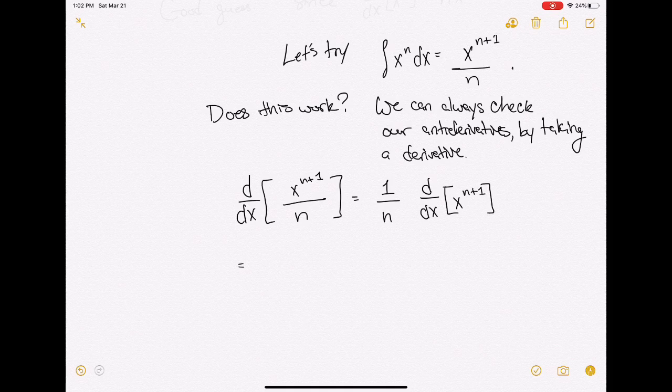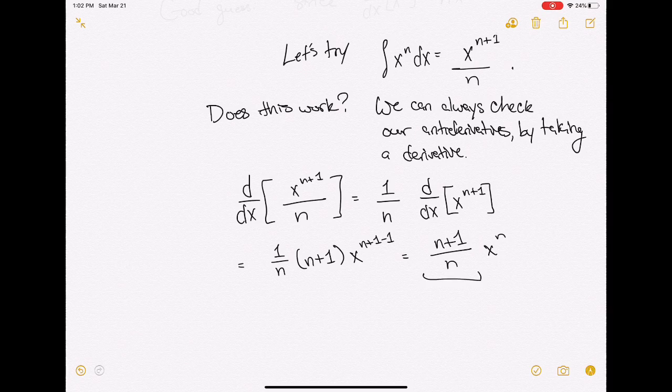Okay, so the exponent here is n plus 1. So this exponent is going to come out front, and we're going to get 1 over n times n plus 1 times x to the n plus 1 minus 1. And if I simplify that, I get n plus 1 over n x to the n. And what I wanted to get here was x to the n, not x to the n with this term out front.